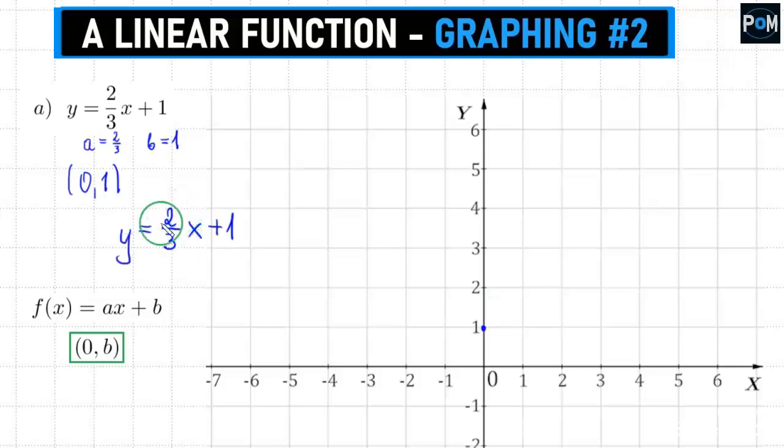We look at coefficient a, the one with x here, and if we have a fraction, the numerator tells us how many units we need to move up, while the denominator tells us if we'll move to the right or left. The denominator represents the horizontal shift, either right or left, and it depends on whether the coefficient a is positive or negative.